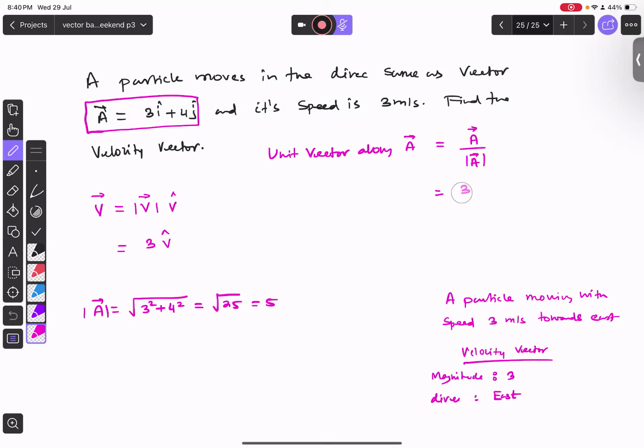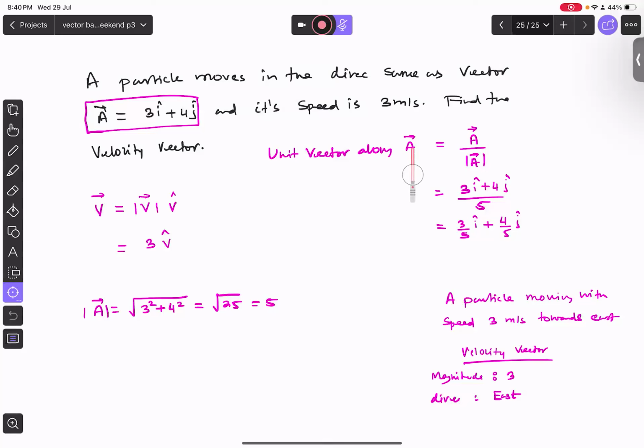Vector A is 3i cap plus 4j cap, so we divide it by 5. We get 3 by 5 i cap plus 4 by 5 j cap. That will be the unit vector in the direction of vector A.